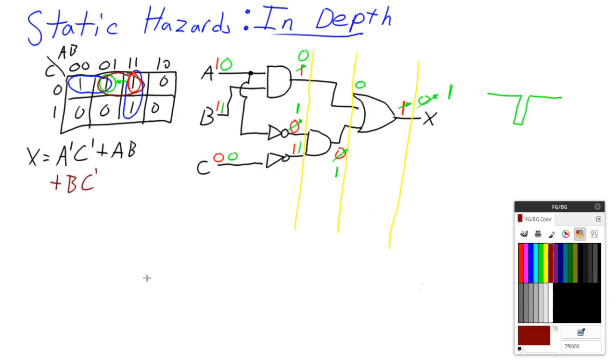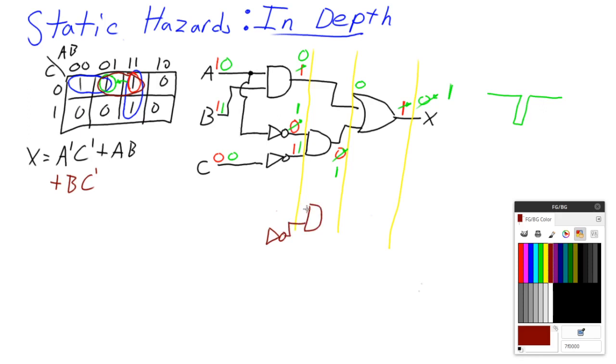So what we would do to our circuit here is we would add, well, we're going to need an inverter for C, so we'll add an inverter for C, and then we're going to need to bring in B. So let's add another AND gate here, and no, it's going to get a little loopy.